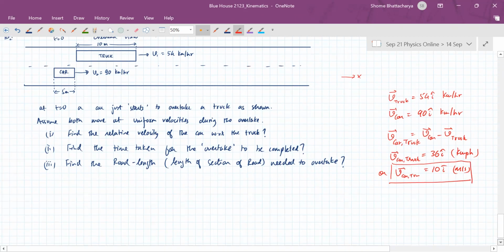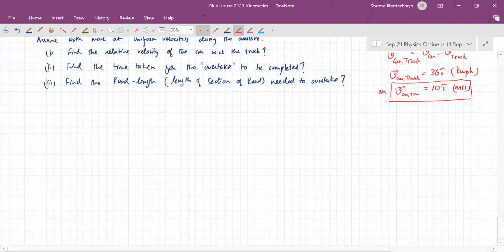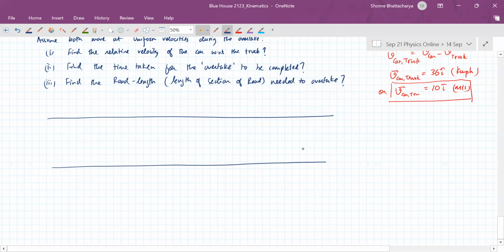So to understand the time taken to overtake, there are two ways we can do this. One is we can observe this from the ground frame point of view. This is what we see at t equal to 0. And this is moving at 54 kilometers per hour, that is 54 into 5 by 18, so that is 15 meters per second.